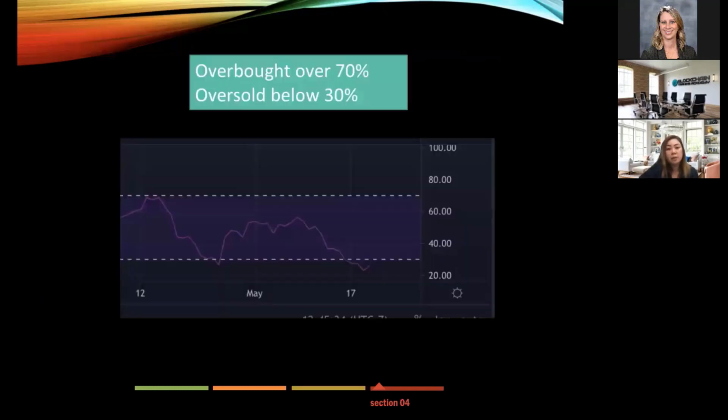So what I mean is that overbought territory will be somewhere above these lines right here. Oversold, this line, right? So if you're a trader, are you going to enter with the overbought or oversold?